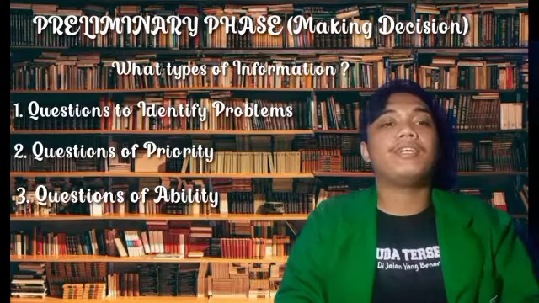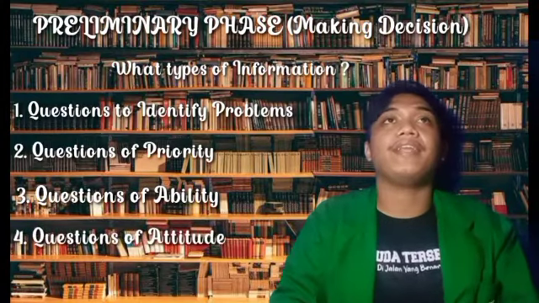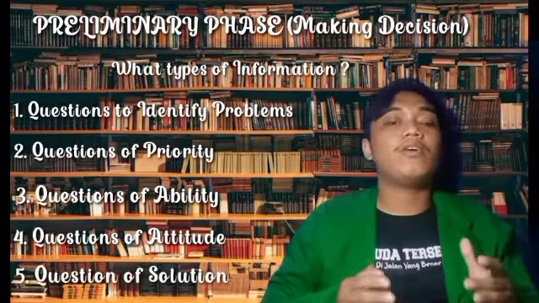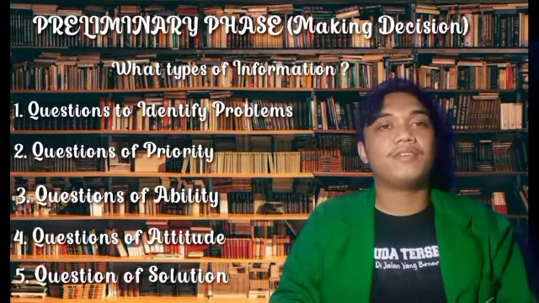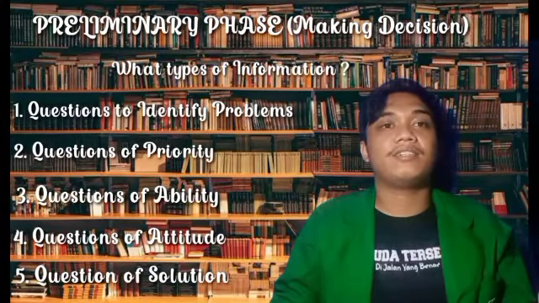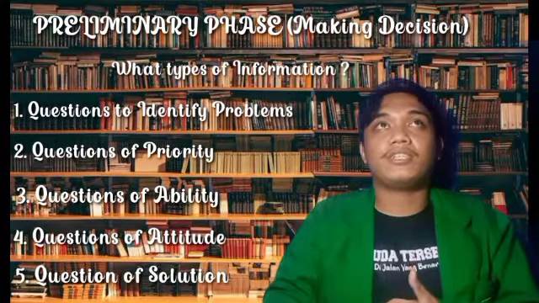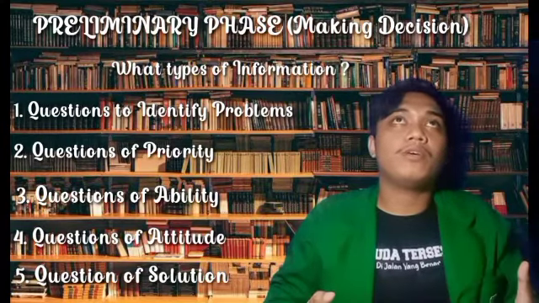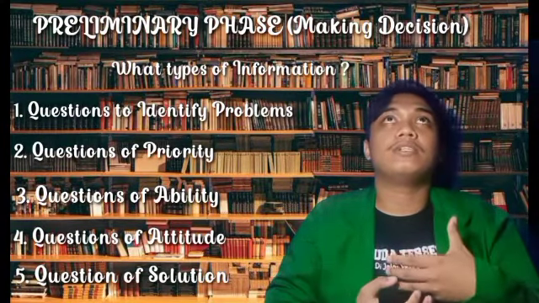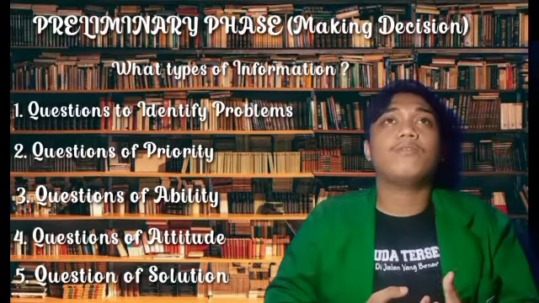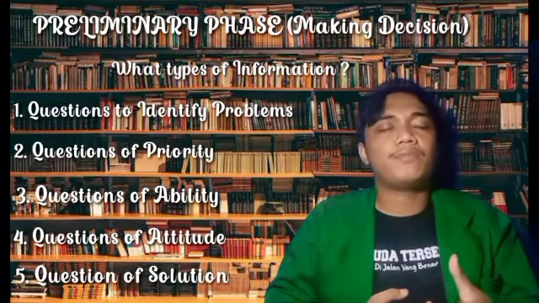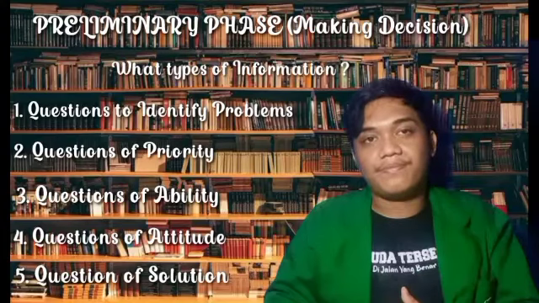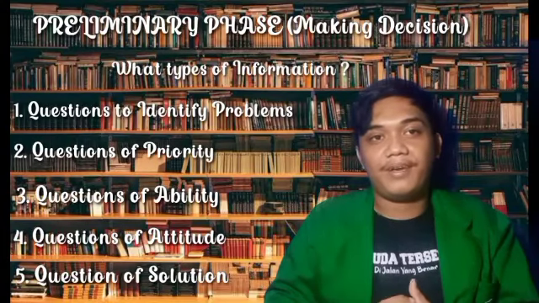The fourth is questions of attitudes. And the last is questions of solution. So that is the most important thing we must know, what types of information must be collected in needs analysis, of course.